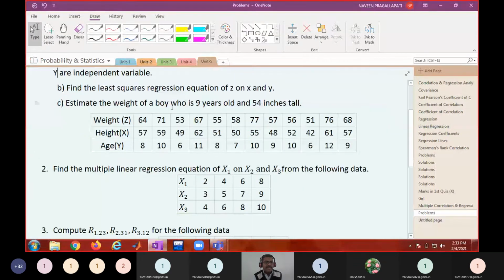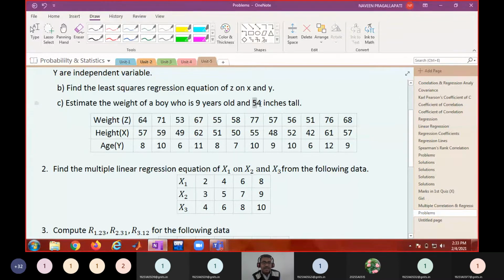Next, estimate the weight of a boy who is 9 years old. 9 years is not given in the table. I think 9 is here actually. These are the observed data for one 9-year-old boy with 57 inches height, 68 pounds, and for another 9-year-old boy with 48 height, 57 pounds.